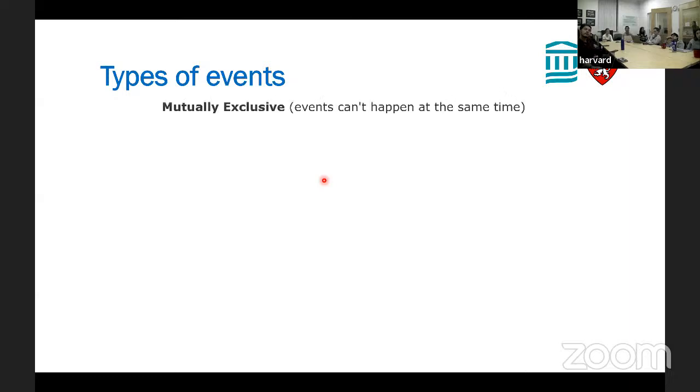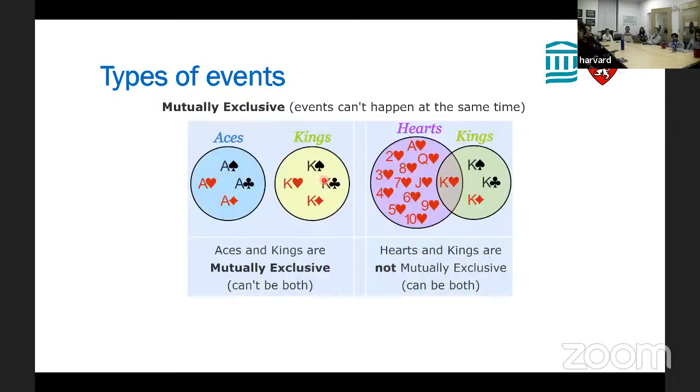The other type of event is mutually exclusive, right? This means that if one event happened, the other, because of the properties of your experiment, can't happen. They are completely exclusive. For instance, let's say we have the cards, and we want to see the probability of having a spade and a king.